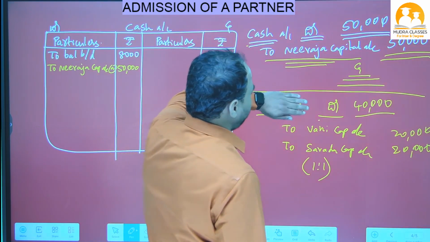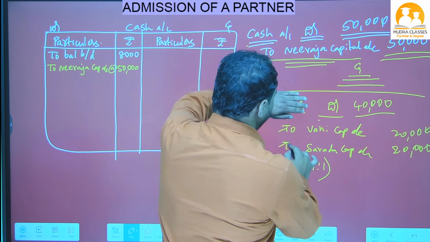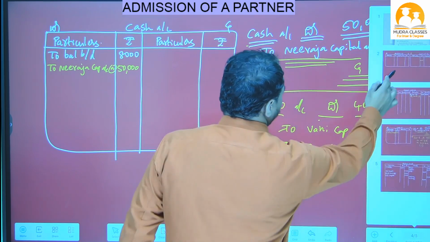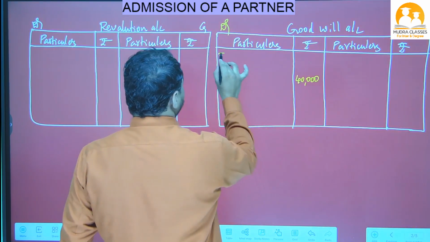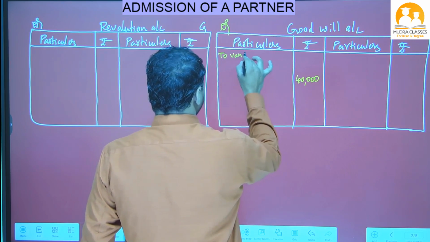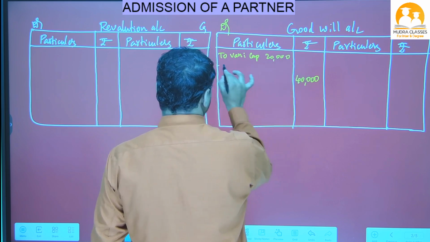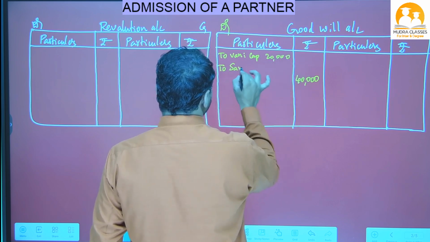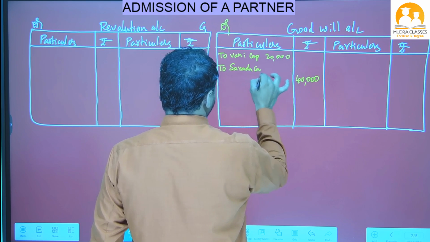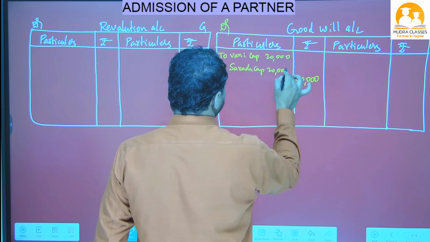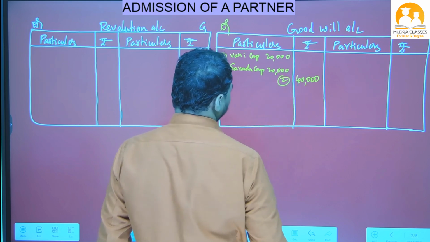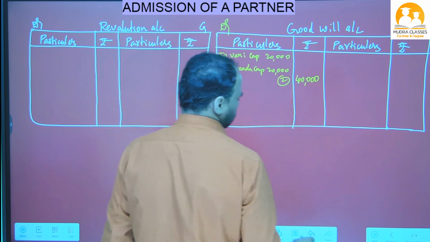Now close this goodwill. What is opposite? Vani capital and Sarada capital. So write down here: to Vani capital account 20,000, to Sarada capital account 20,000. This is adjustment number B.